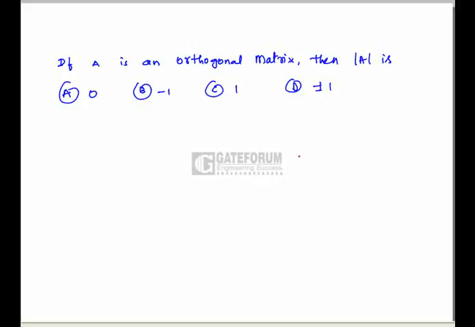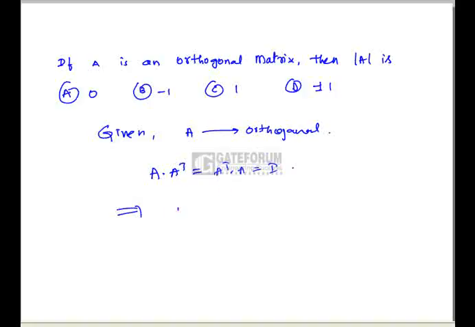If A is an orthogonal matrix, then we have to find the value of the determinant of A. It is given that A is orthogonal. Orthogonal means A into A transpose, or A transpose into A, will always equal I. Now if I apply the determinant to the above equation, the determinant of A into A transpose equals 1.